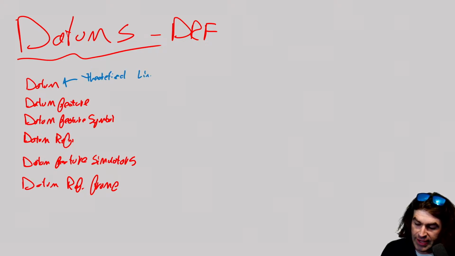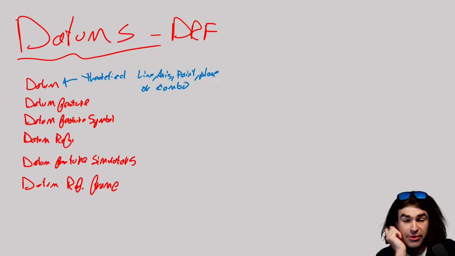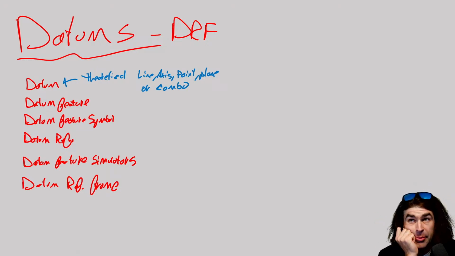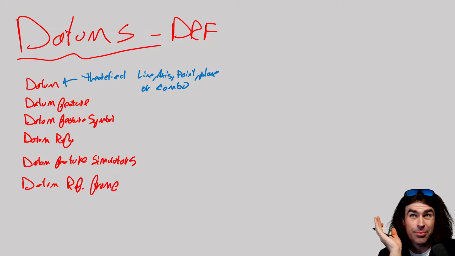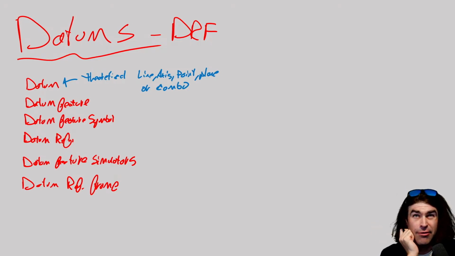It's a line, axis, point, plane, or combination of those items. And I'll talk about that soon. I really want to talk about order of precedence and how the customized datum reference frames work here. Not because you'll put them in drawings all the time, but just because it's a good way to understand datums and datum reference frames.